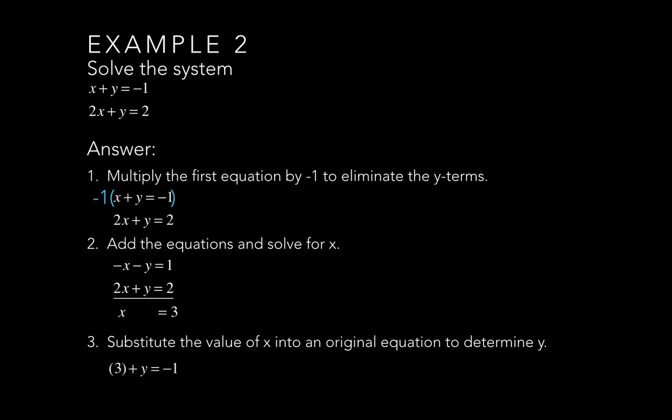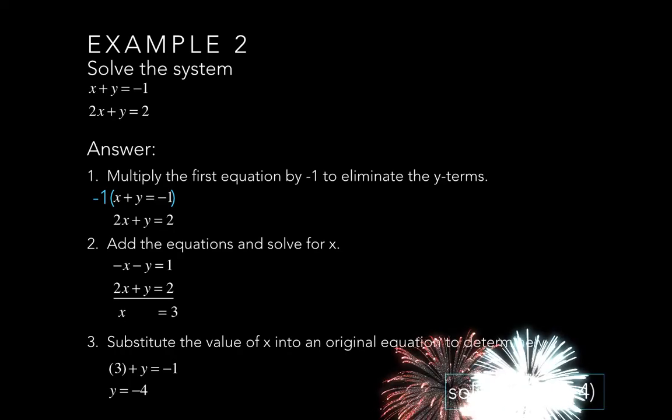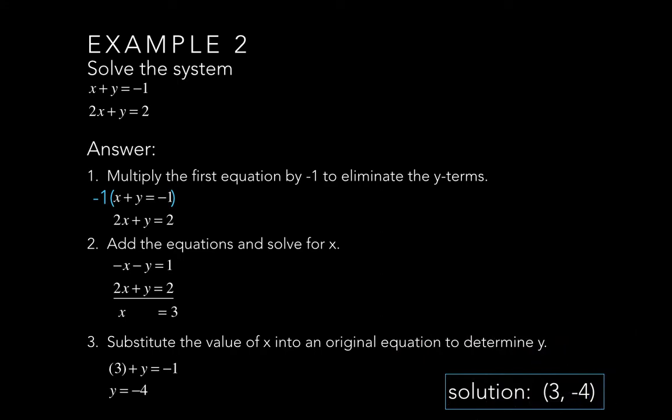I'm taking x equaling 3 and plugging it into the first original equation of my system. So y is equal to -4. That means my solution is the coordinate 3 for the x value and -4 for the y value.